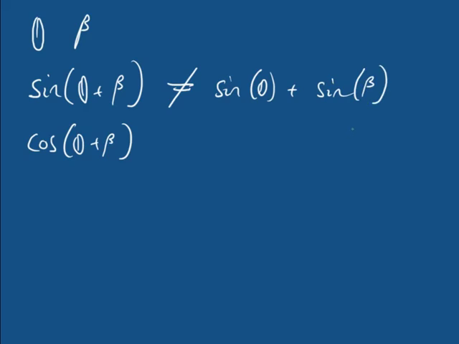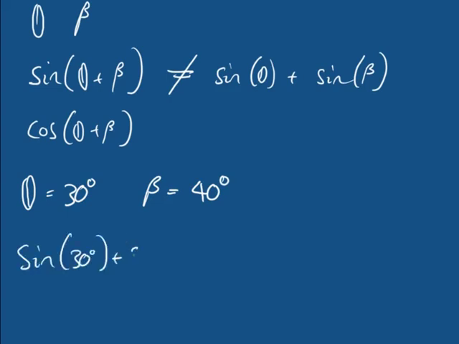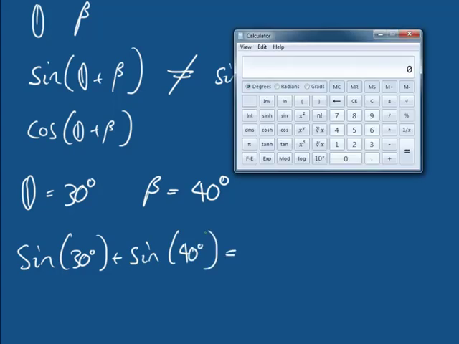We can quite clearly see this if we assign example values to theta and beta and work out what the sine of theta plus beta equals and what the sine of theta plus the sine of beta equals. So if theta equals 30 degrees and beta equals 40 degrees, then the sine of 30 degrees plus the sine of 40 degrees, using a calculator, is equal to 1.14.